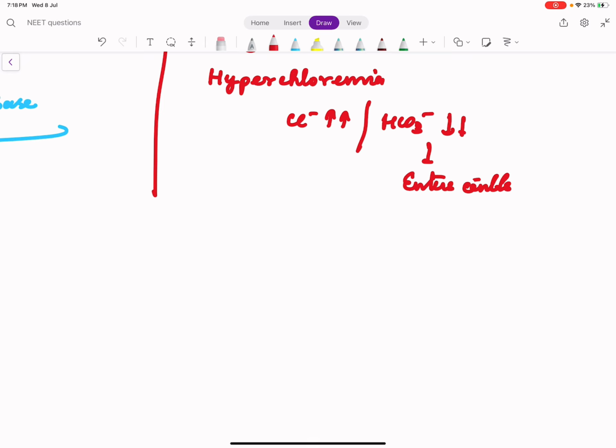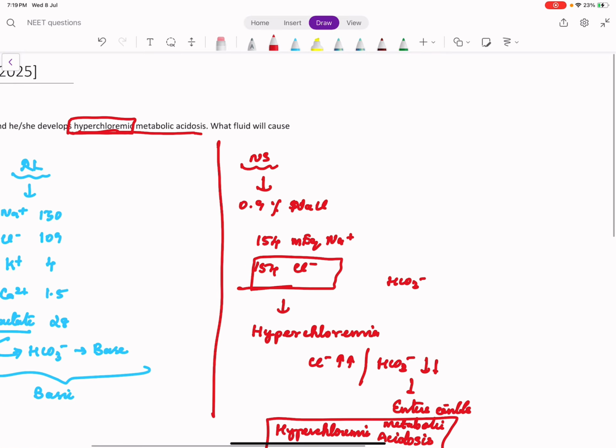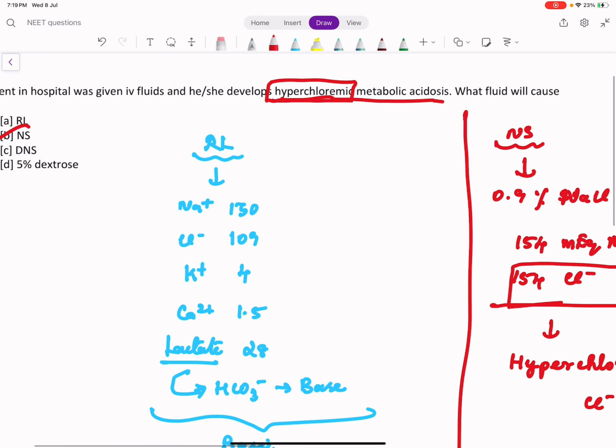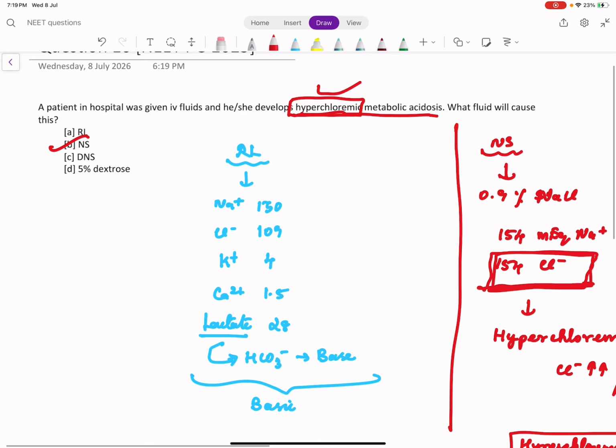Bicarbonate reduces. Bicarbonate is a base, so when base reduces, it leads to acidosis. There is increased chloride, so it is called hyperchloremic acidosis, and this is a metabolic acidosis. When bicarb becomes low, we call it metabolic acidosis. So the explanation is actually simple. Even if you are not able to understand, just remember normal saline has 154 milliequivalents of chloride. It leads to hyperchloremia. So NS is the answer.